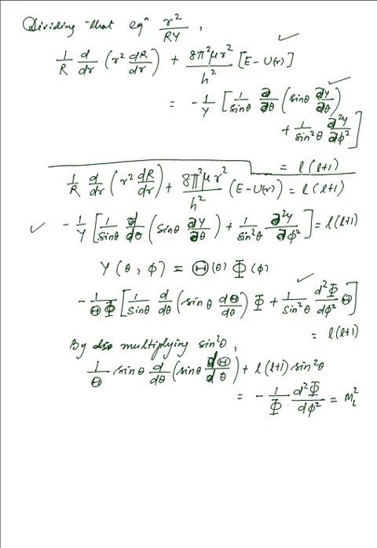Now with this constant and both those sides of the equations being equated to that constant, what we get is 1 over theta. So that part of the equation is there.